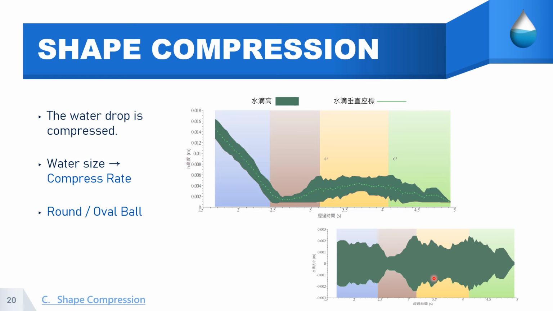Eventually, it disappears. So the picture to the right is the size of the water changing as time goes by. The water has stretched and compressed, in each of these periods. We divide it into 4 periods, which are blue, red, green, and yellow.